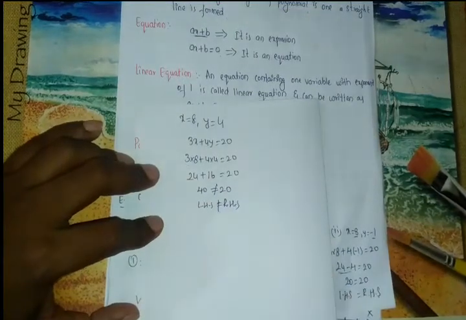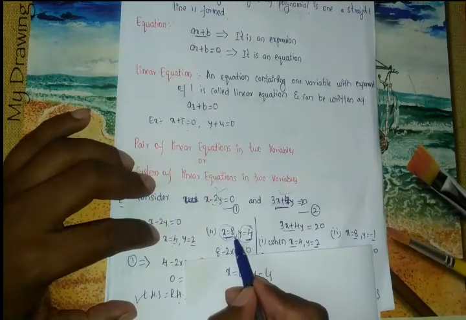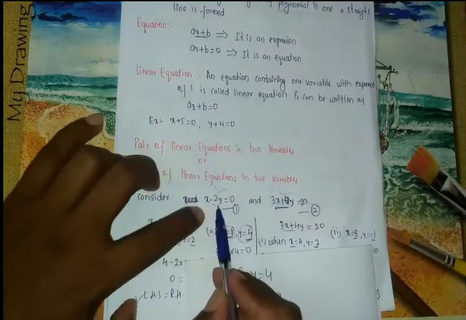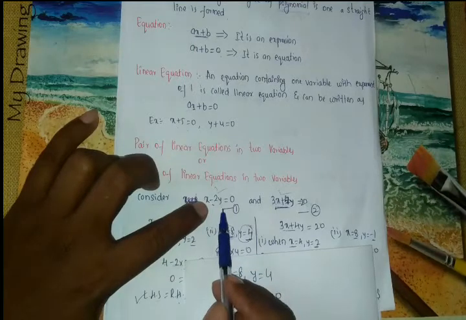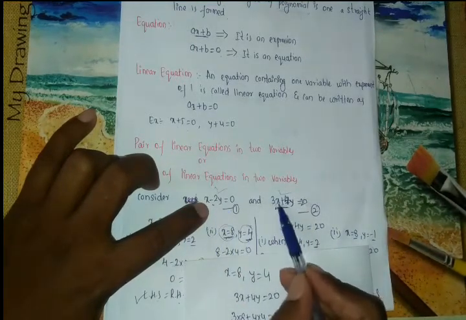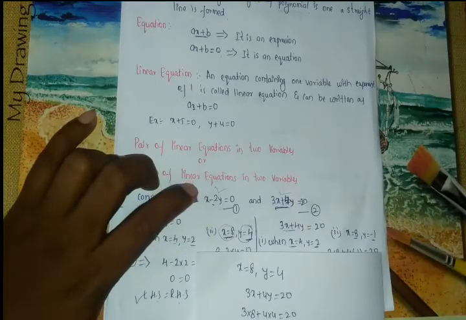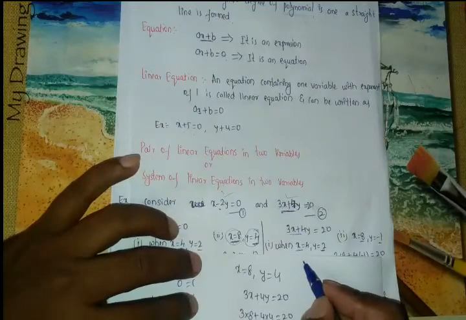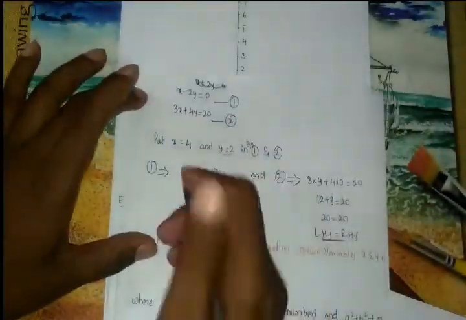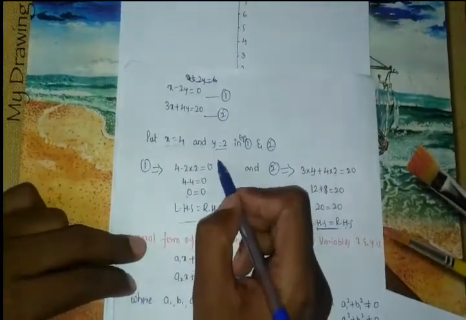What I am trying to explain here is, if we have a solution x equals 8 and y equals 4 for one individual equation, the same will not hold for the second equation. So there should be a common solution. So what we have got here, we have taken x equals 4 and y equals 2.